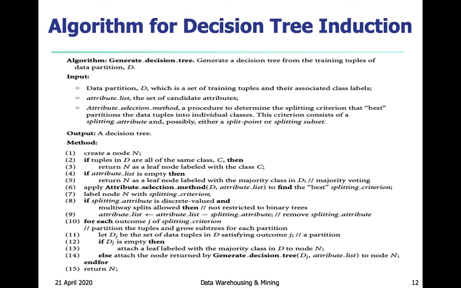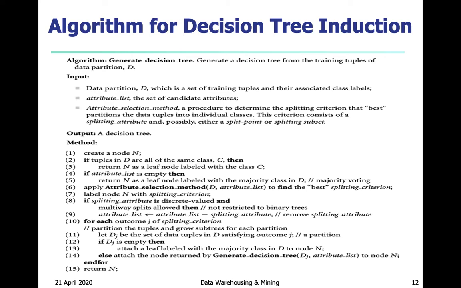The parameter attribute list is a list of attributes describing the tuples. An attribute selection method specifies a heuristic procedure for selecting the attribute that best discriminates the given tuples according to the class.